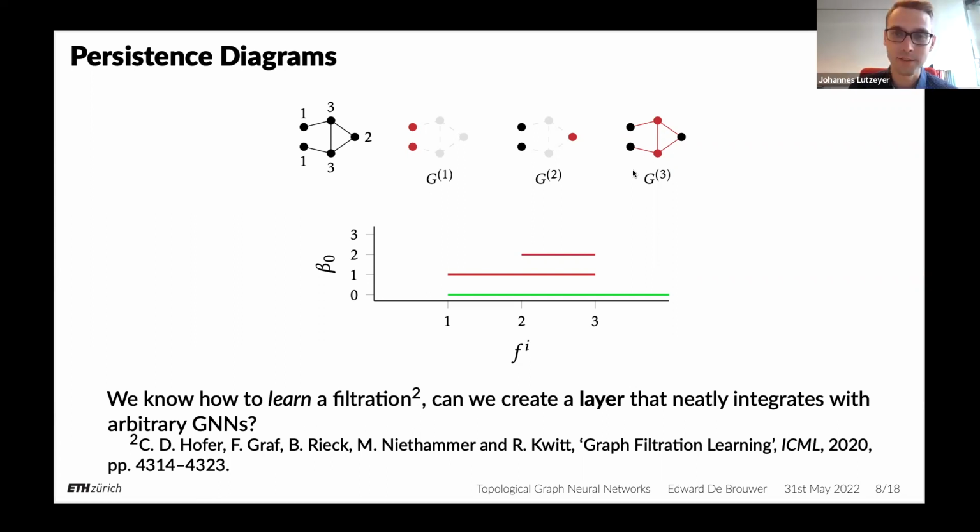Hey, thanks for your talk. I was wondering, since your filtration function takes as input the hidden states of nodes at the kth layer of your GNN, I guess if you place your toggle layer early on in the architecture, then the input of your filtration function is based on a local view of the graph.